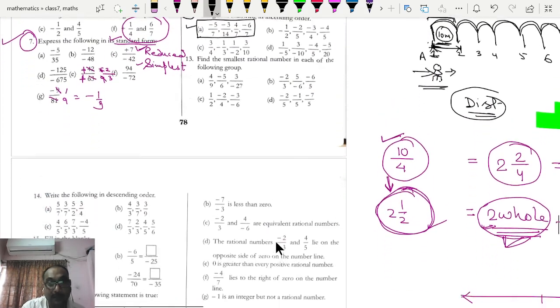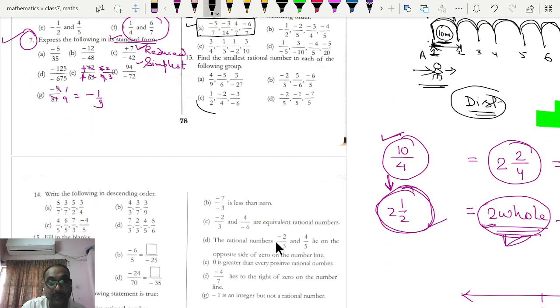Okay, now I am taking one more example, so that you will learn how these numbers are used. See here, I am writing only 1 by 2. If you write this number in reduced form, it will be minus 1 by 2. And if you write minus 3 by 6 in reduced form, it will also be 1 by 2.